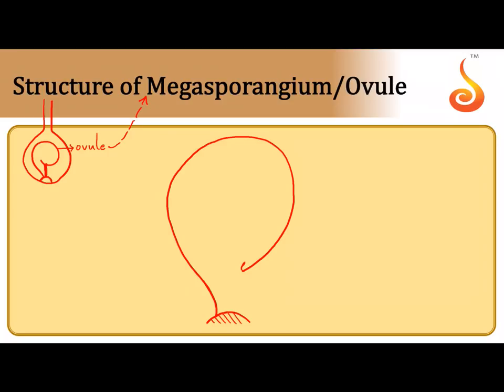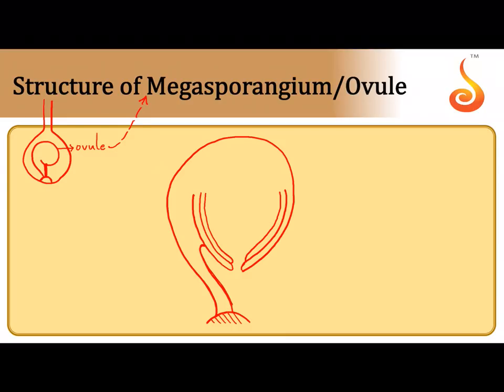Now the body of the ovule, as you can see here, it is covered by a two-layered envelope. See, there is a two-layered structure which encircles the body of the ovule. Now I am showing you the stalk. The stalk attaches to the body of the ovule. Before that let us label the stalk.